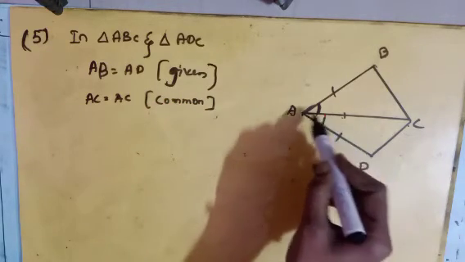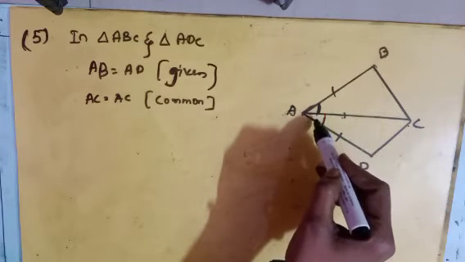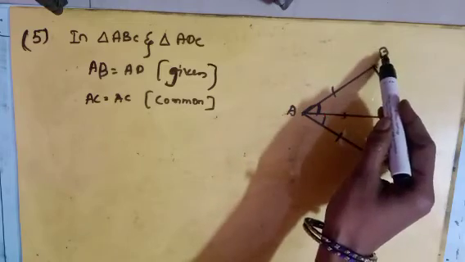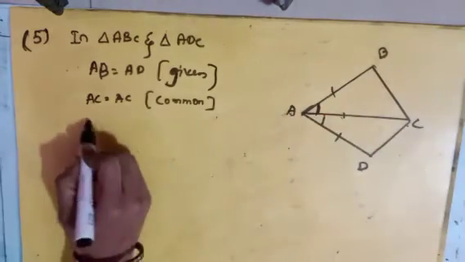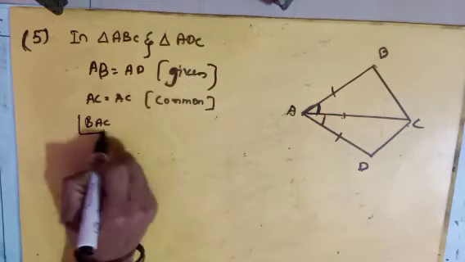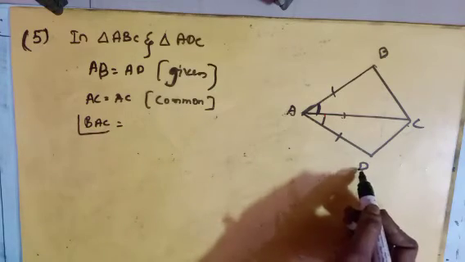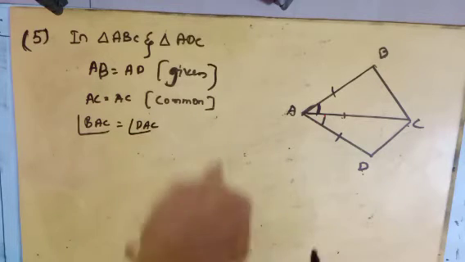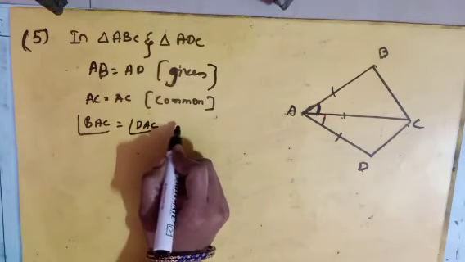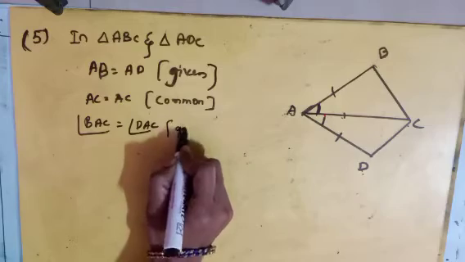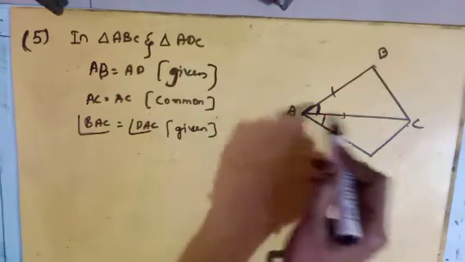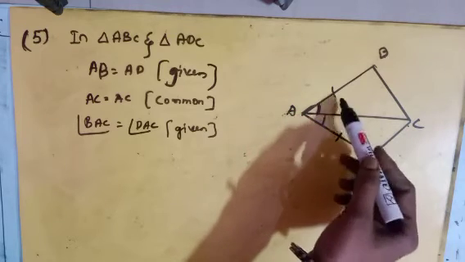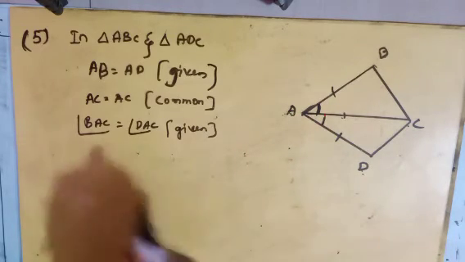Next, when AC bisects the angle A, two angles are formed. So what are the angles? Angle BAC equals to DAC. It is also given. When the line segment AC divides the angle A, the two angles are equal. It is given.